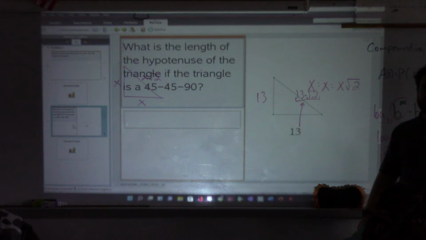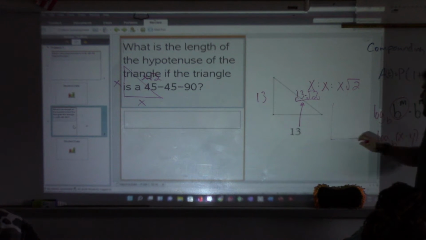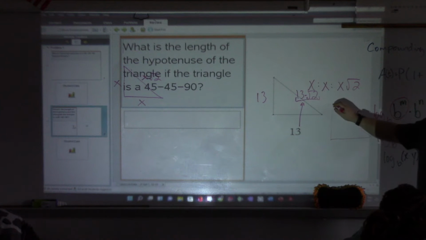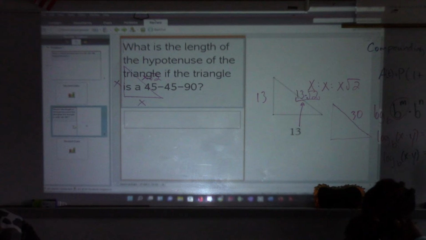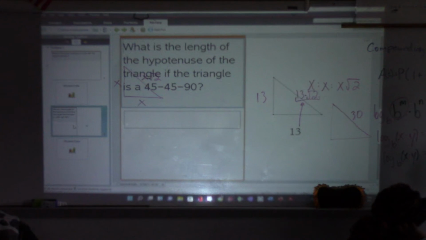That's important to notice. So let's say I have another 45, 45, 90. Let's say that this right here is 30. That's the hypotenuse. Now to go from the hypotenuse to the side, what would I have to do? Divide by the square root of 2. Right?